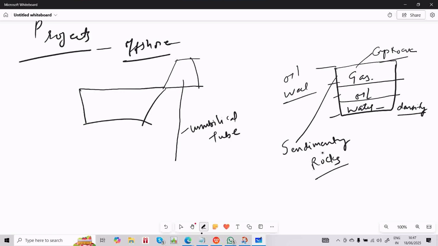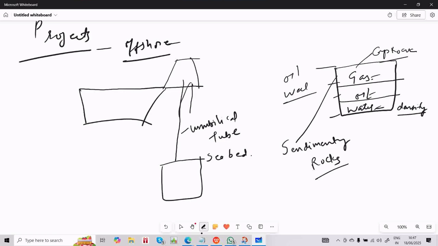It's a flexible pipe which is coming from the turret and going to the seabed. And below the seabed you have your reservoir in this form: gas, oil, and water. So what happens inside this umbilical tube?